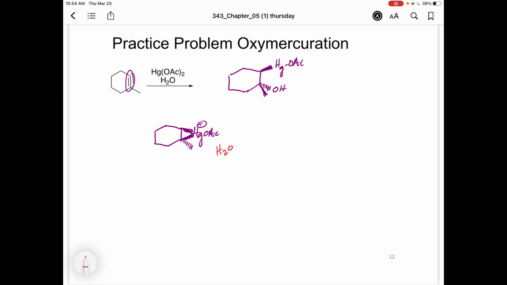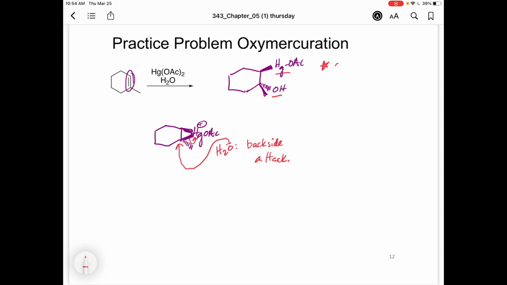Let's draw a partial mechanism here to show it. So we're going to attack the most substituted side, and we're going to kick up the mercury. That water is pushing that methyl forward. All right, so this is backside attack. Okay, and then there is a net anti-addition. The mercury and the OH group are anti to each other.